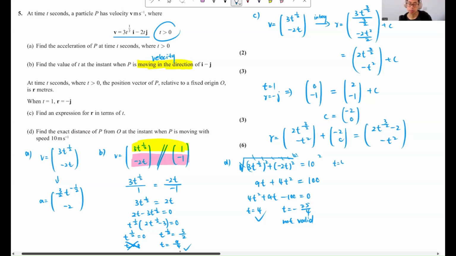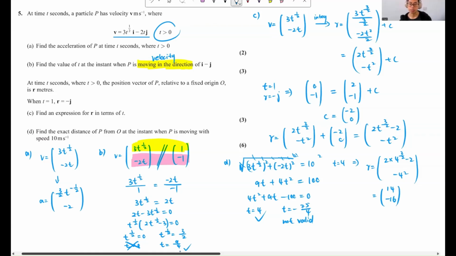So substitute in, if t equal to 4, r is just equal to 2 times 4 to the power 3 over 2 minus 2, and negative 4 squared. So 2 times 4 to the power 3 over 2 minus 2, that's 14 for the i component, and negative 4 squared, just negative 16.